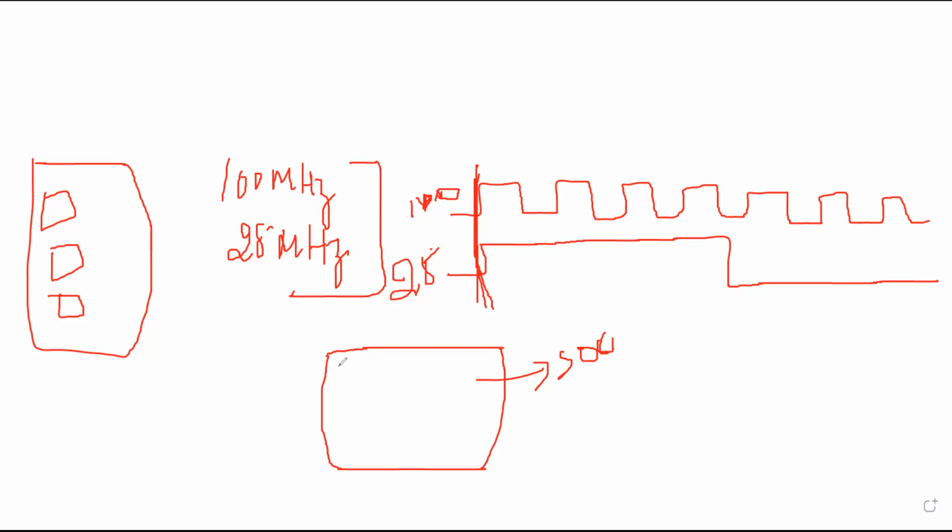So inside an IC we have some SOC, system on chip. Let me give you a very simple example.